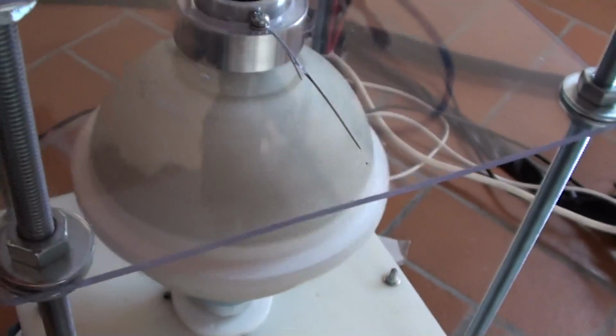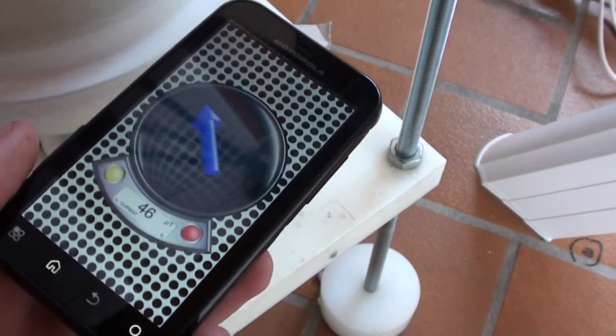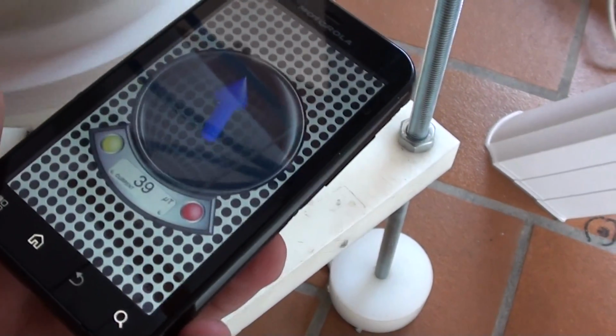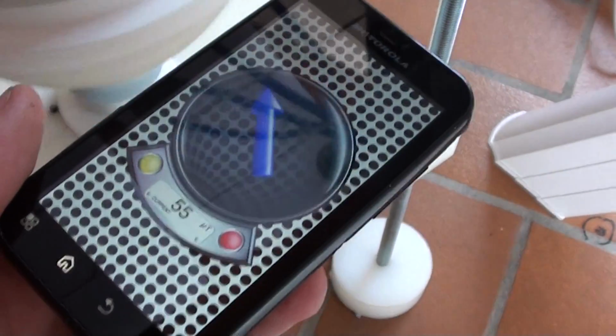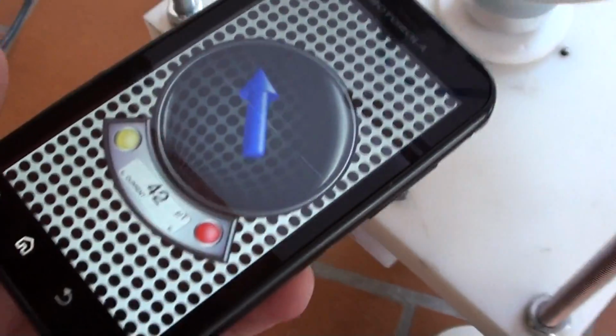Let's check again this side, and go around.